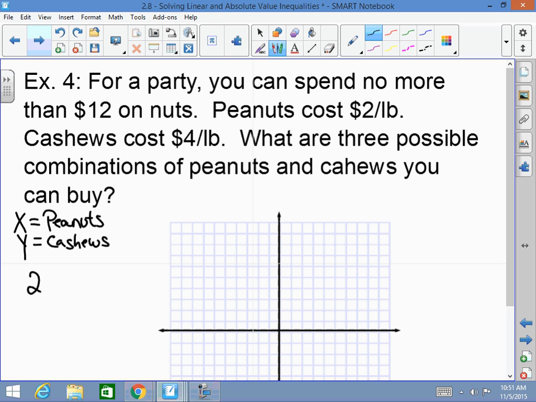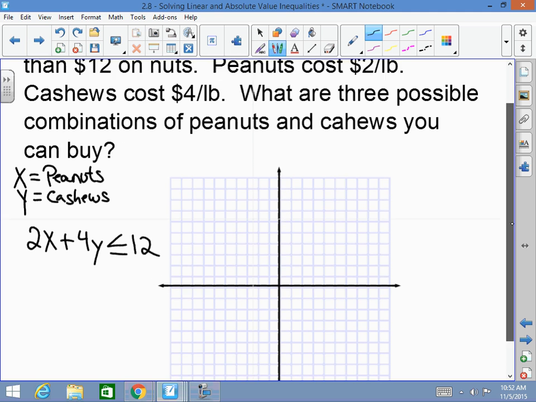So how much do they charge for every peanut? $2 for every pound of peanuts, plus $4 for every pound of cashews, and this can be no more than 12. So it has to be less than or equal to 12. Now, let's go ahead and solve this by graphing.